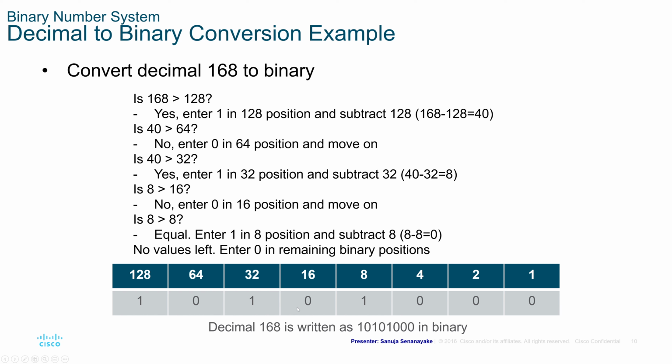One of the things you should have noticed here is that once you have reached an equal position, which in this example is the 8th position, you don't even need to look at the fourth, second, and first positions. They're all going to be 0 because the remaining value turned out to be 0.